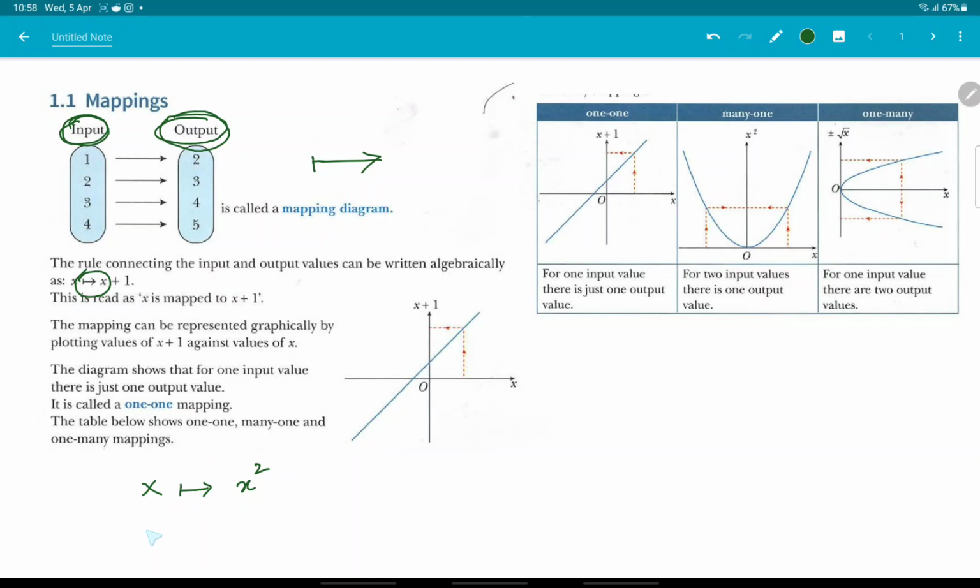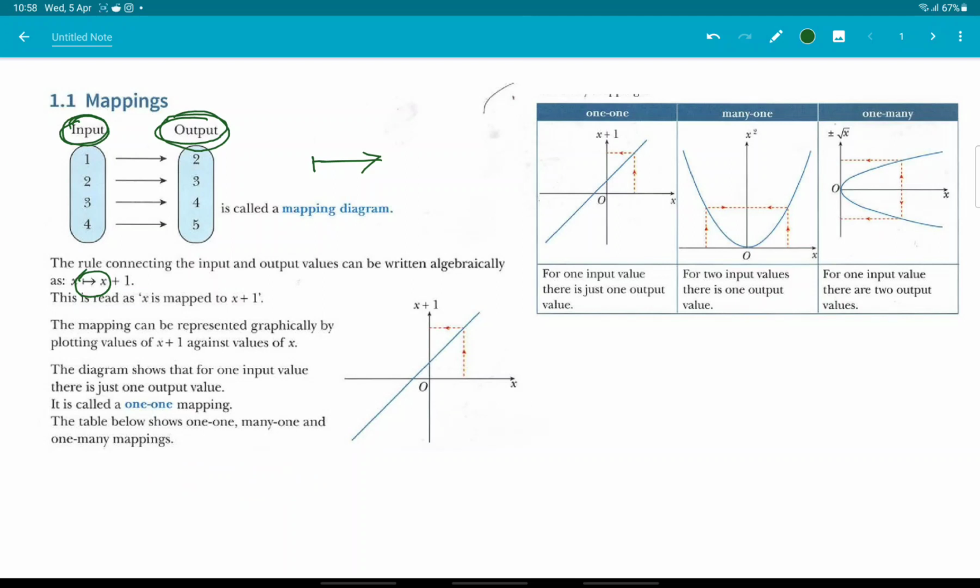Or we can use k sine, so we read it as k is mapped to sine k degrees.